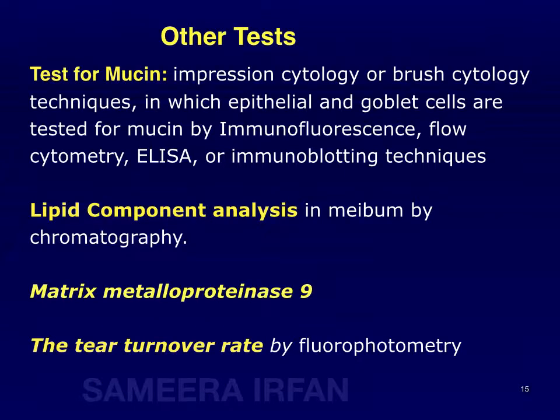This slide shows some other tests that can be done for mucin and for lipid component in the meibum. Matrix metalloproteinase 9 can be assessed in the lab, and it is an indicator of dry eye. And then the tear film turnover rate by fluorophotometry.